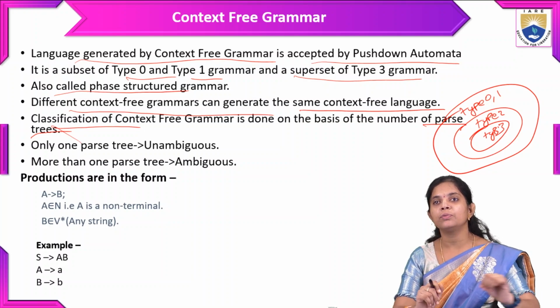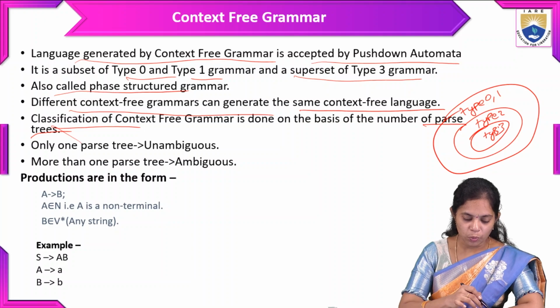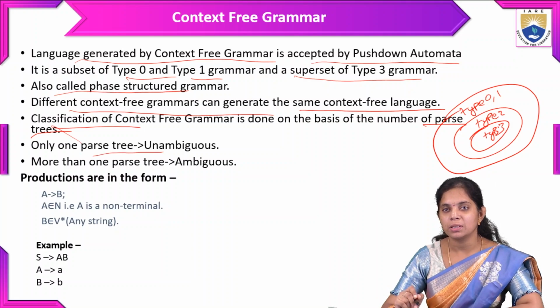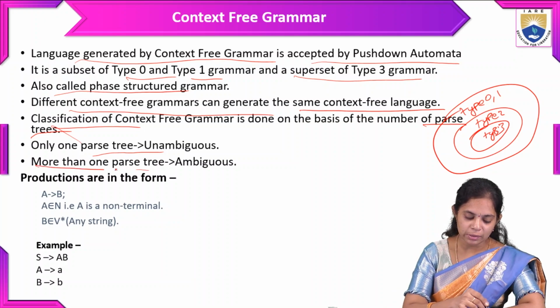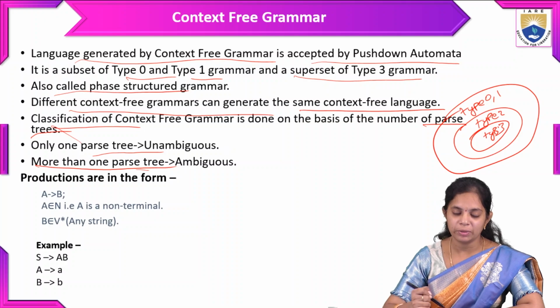If only one parse tree is there, we can say that it is unambiguous. If more than one parse tree is available for the same grammar, we can say that it is an ambiguous grammar.